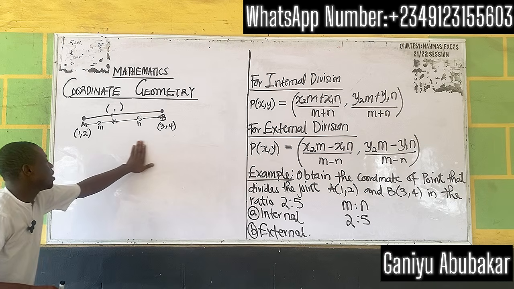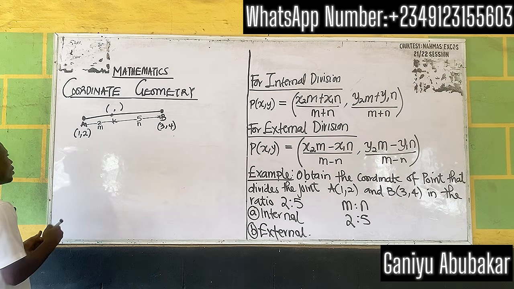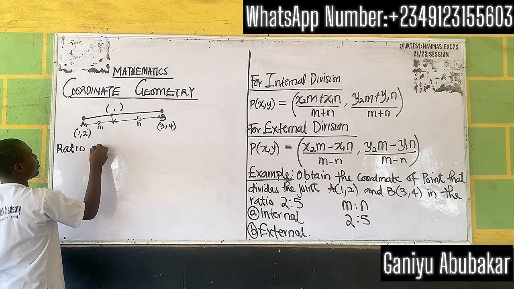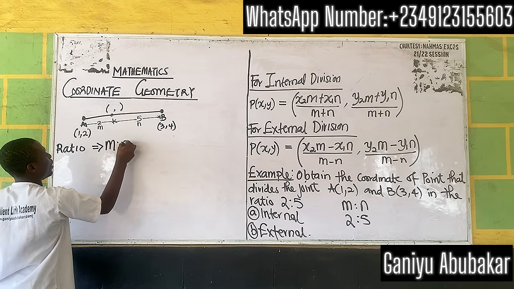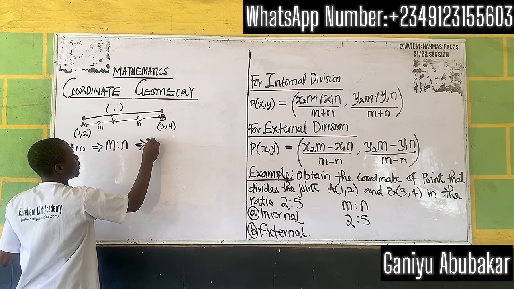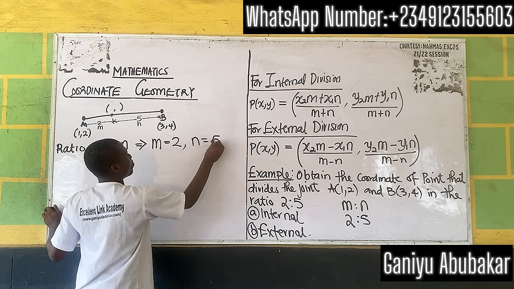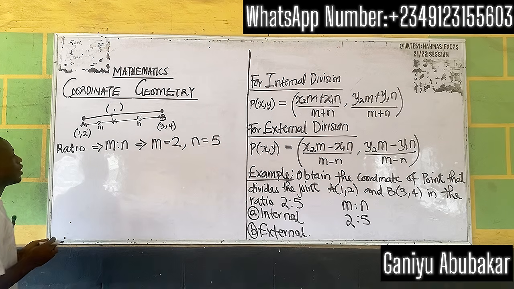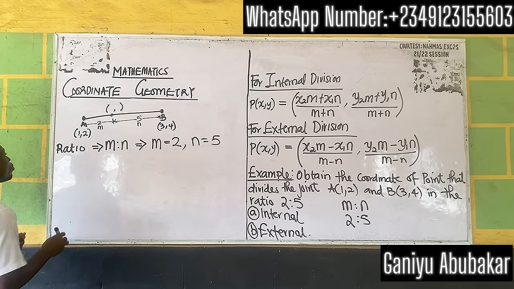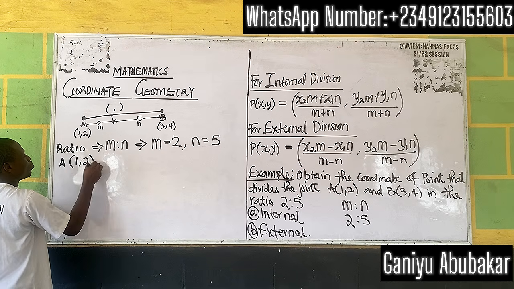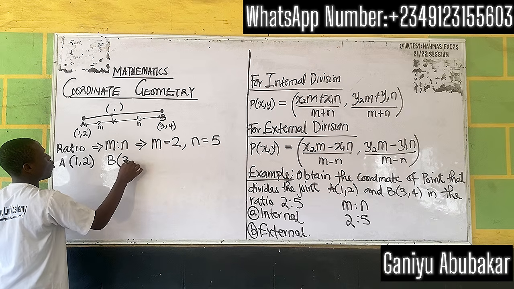First things first, identify your ratio. For the ratio we have m/n, that is, in this case, my m becomes 2, my n becomes 5. Also, we are given coordinate A as 1, 2 and B as 3, 4.